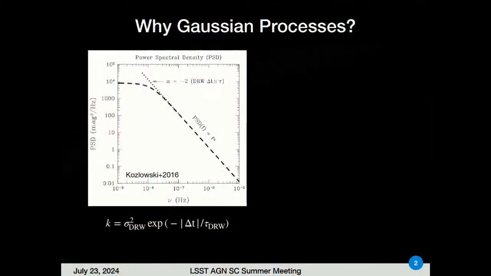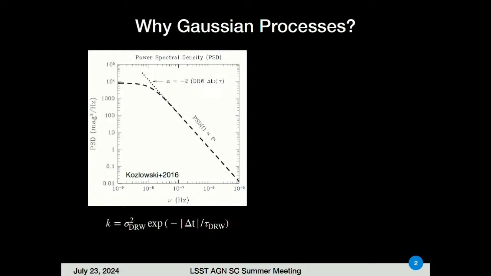Okay, so we have heard a lot about Gaussian processes. Why, right? The one sentence answer is that it produces a power spectrum density that is close to what we observe. This is from the Kozlowski paper, but if you make a power spectrum density of AGN light curves, it has this characteristic shape.